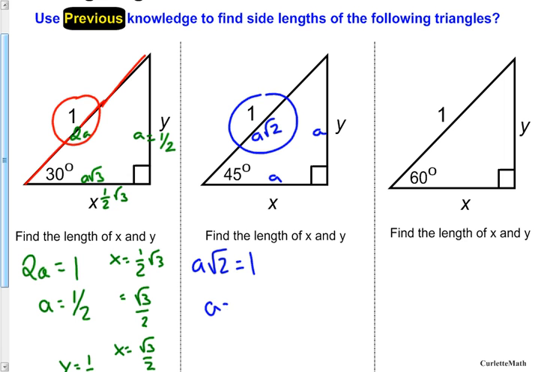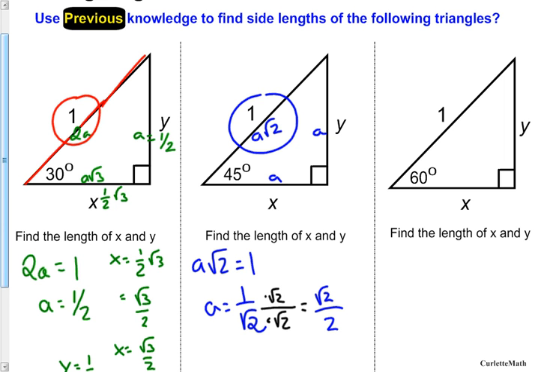Well, that means a equals 1 divided by the square root of 2. Now, we need to rationalize that denominator, so we need to multiply by the square root of 2 and the square root of 2 on the top and bottom, or on the numerator and denominator. So we're going to get the square root of 2. The square root of 2 times the square root of 2 is the square root of 4. The square root of 4 is 2.